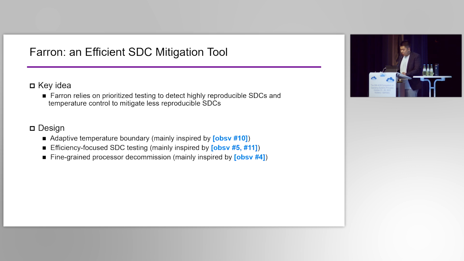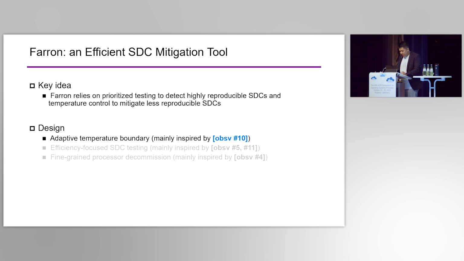Based on our observations, we designed an efficient SDC mitigation tool named Farong. The key idea of Farong is relying on prioritized testing to test highly reproducible SDC and relying on temperature control to mitigate less reproducible SDC.